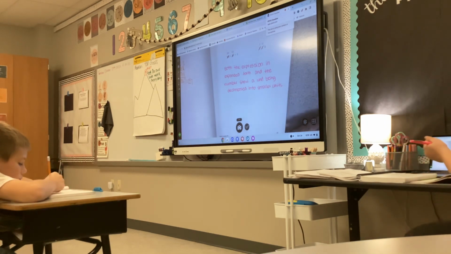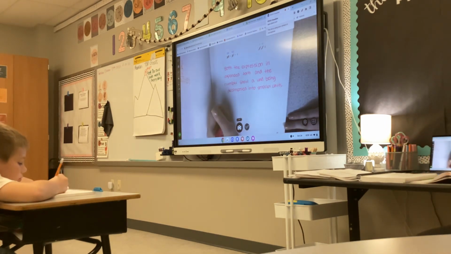I'm going to go ahead and start writing what we wondered, okay? So Millie mentioned that she was wondering why the little numbers and the little digits were crossed out in each, the expression and the number.